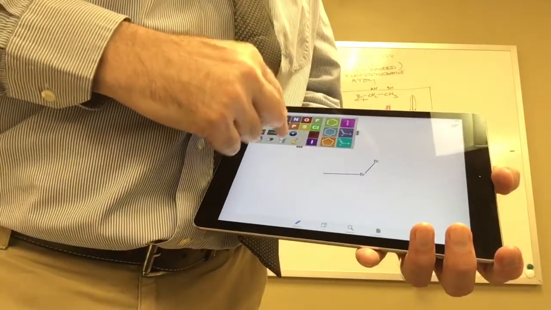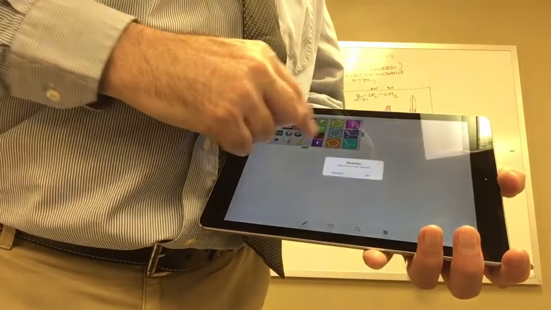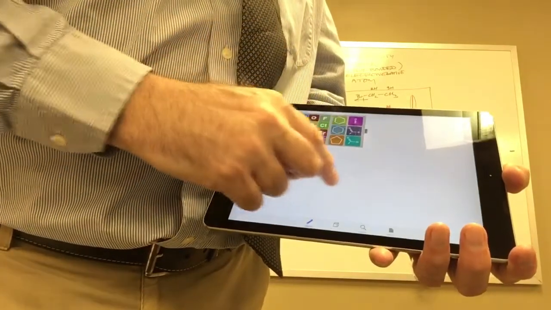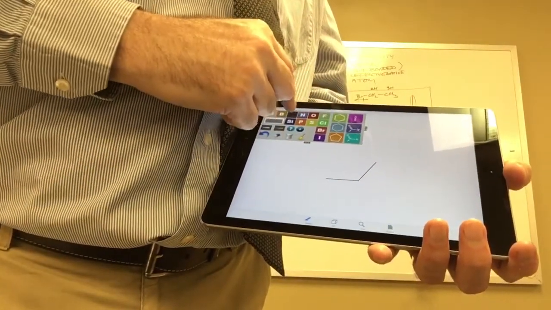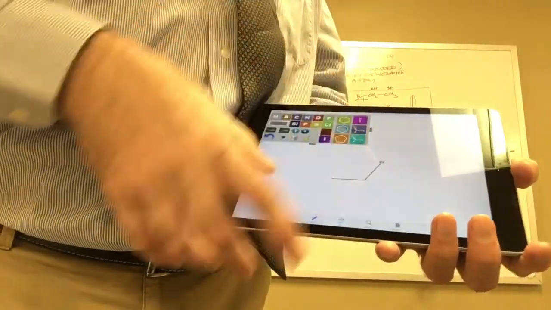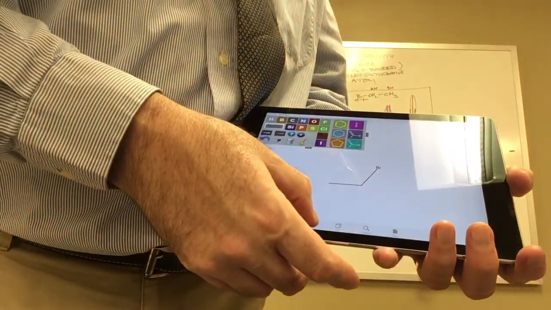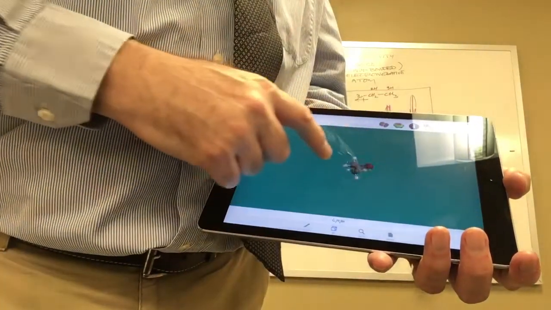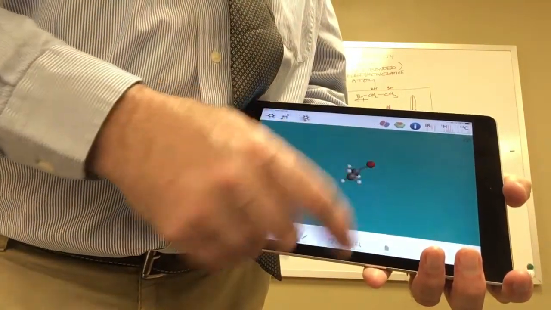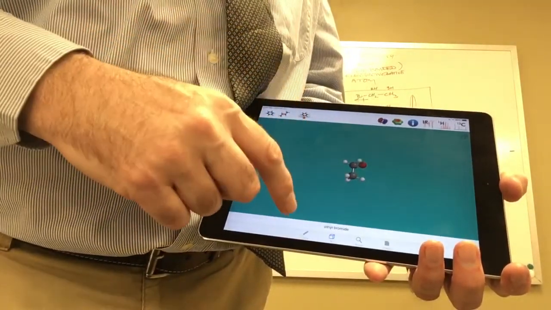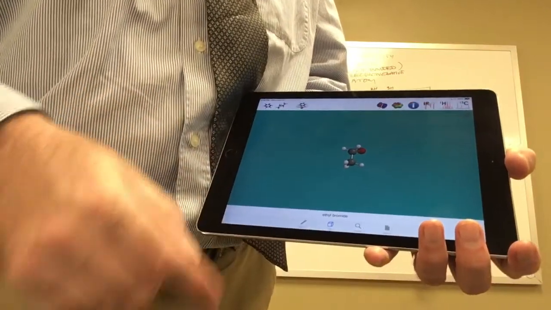Ugh, done that wrong. Two bonds. One of them is to bromine. And then, what am I going to do? It recognizes that that is a bromoethane. Let's see if it's in the database. Calls it ethyl bromide. Not great.